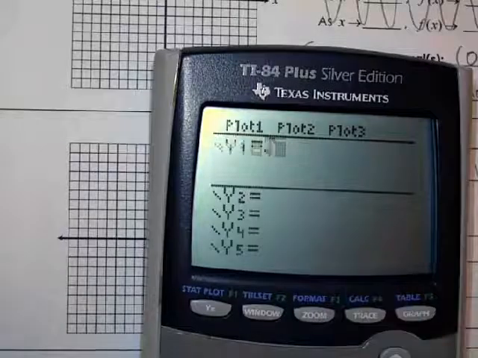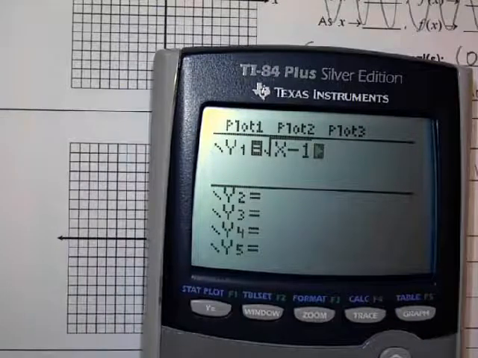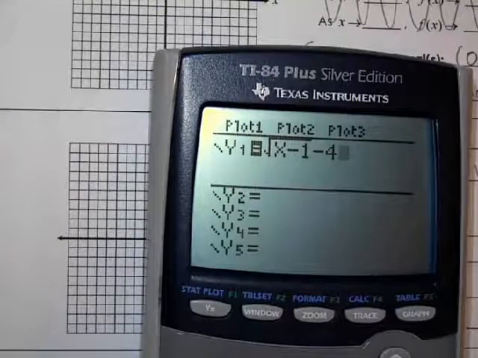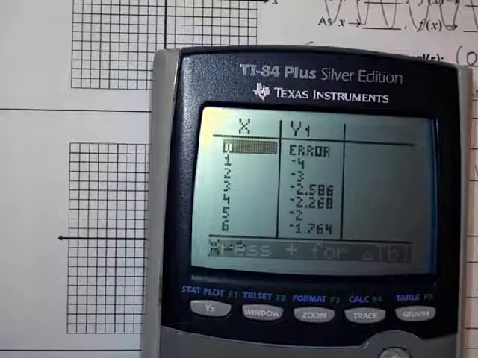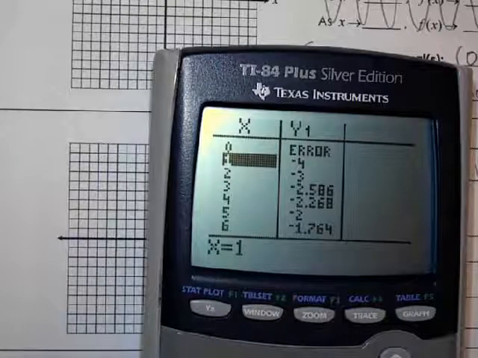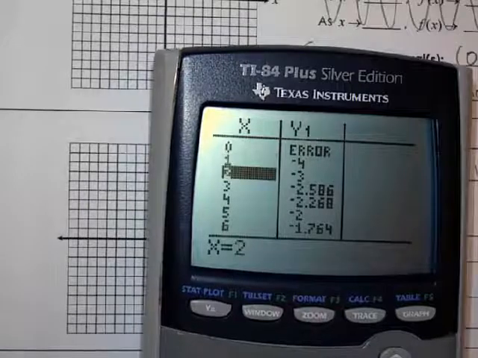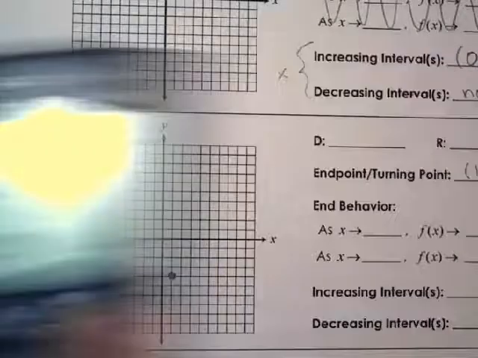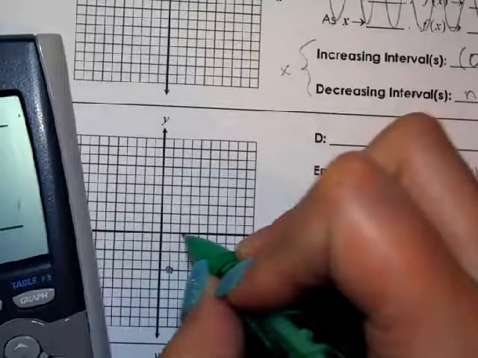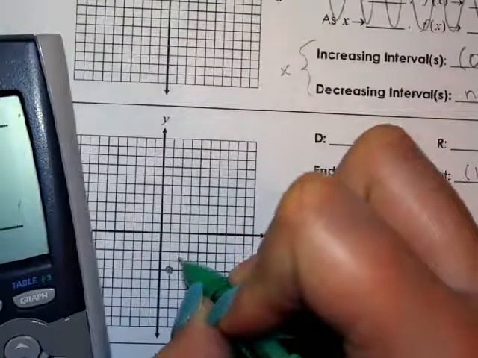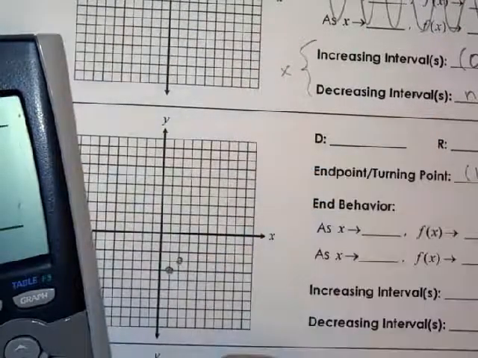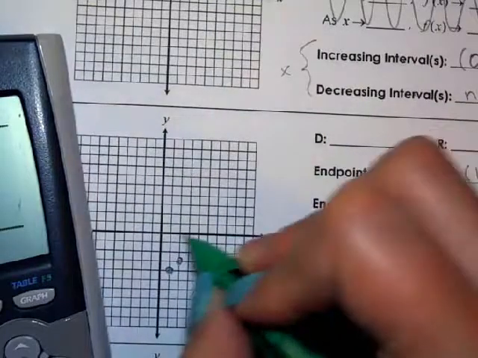So there's my +1, -4. And then from there, I'm just going to look for the next couple points that I can graph that are not decimals. So I got 2, -3, 5, -2. 10, -1.